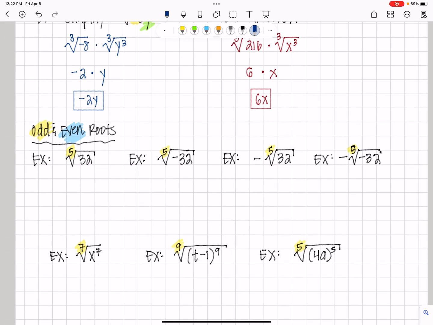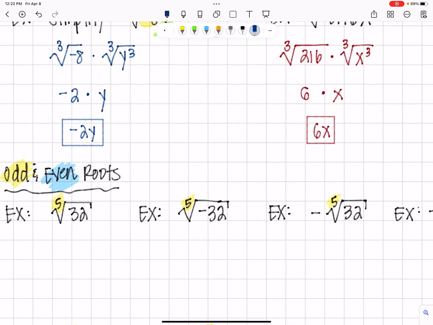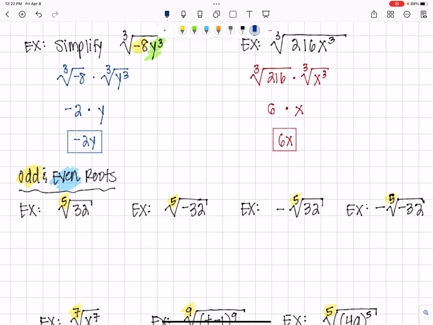So coming back here, you might say, how do you know that so fast? Well, because I have that foundation of basic facts that I really encourage you to memorize. So the fifth root of 32 is simply 2, and that's because 2 to the fifth is 32.